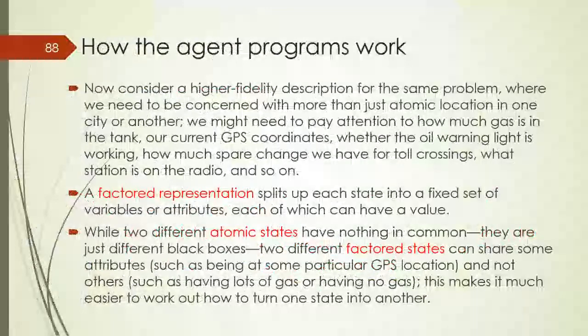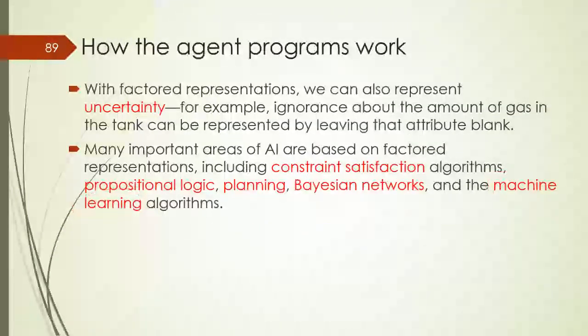In the factored representation, also you have more information, as I said, and the keywords you need to remember in the second and third one are constraint satisfaction, some sort of optimization, machine learning, part of our course, propositional logic, planning, and Bayesian networks, which will be one chapter of our course.